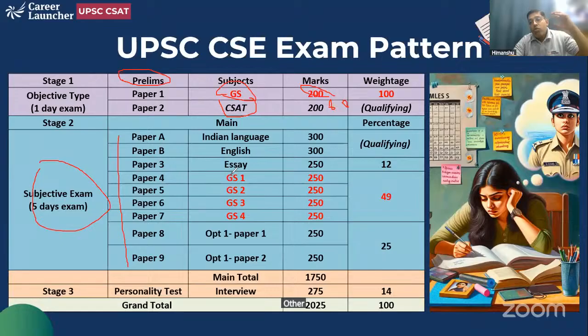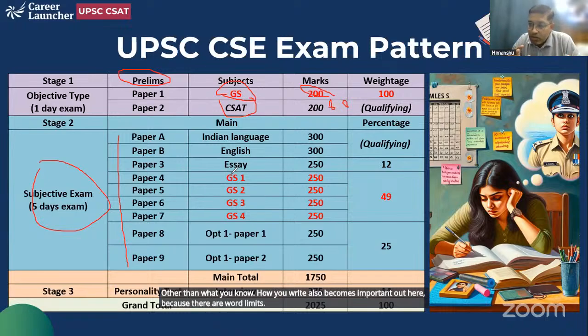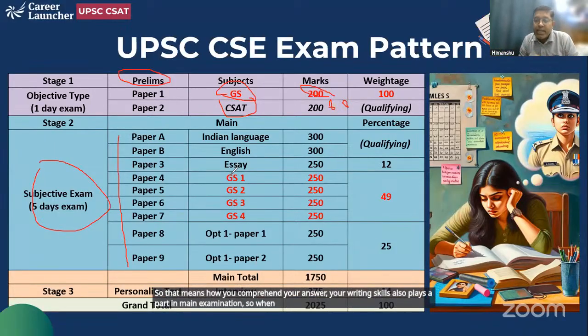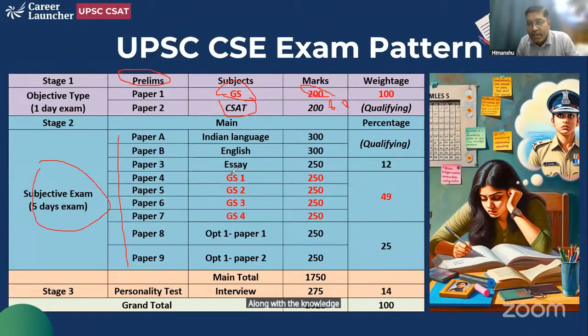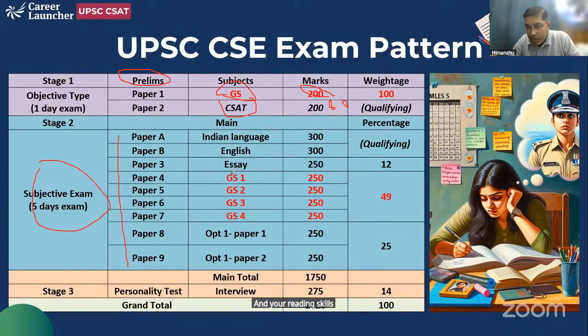Other than what you know, how you write also becomes important because there are word limits. So that means how you compose your answer. Your writing skills also play a part in main examination. So when you prepare for UPSC, along with the knowledge that you are gaining, you also need to prepare your writing skills and your reading skills also, obviously.